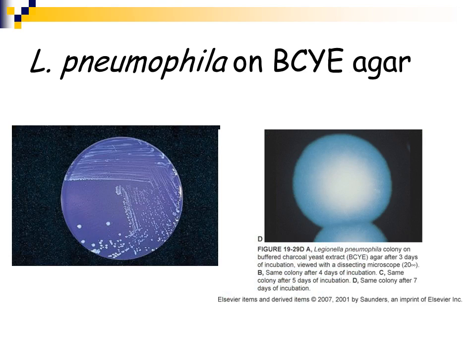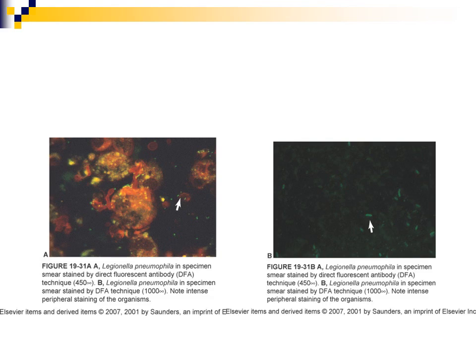Here it is on buffered charcoal yeast extract agar after 3 days of incubation. So it tends to be a grayish white colony on BCYE. So this slide is showing a direct fluorescent antibody stain of a clinical specimen.